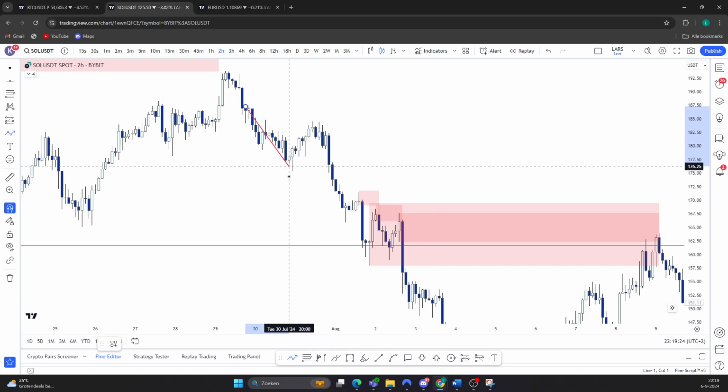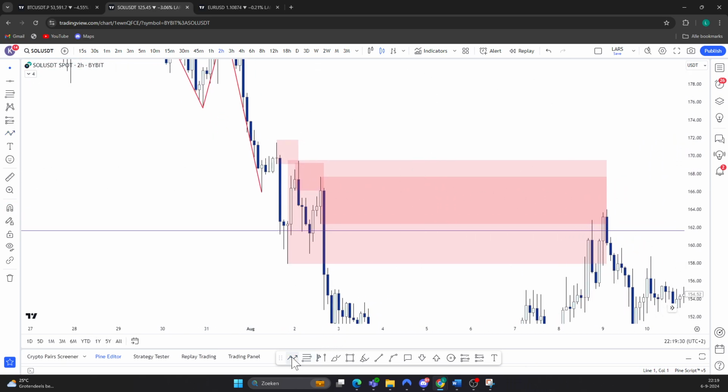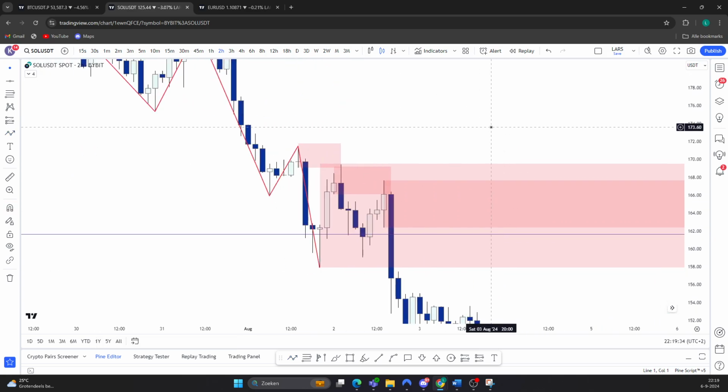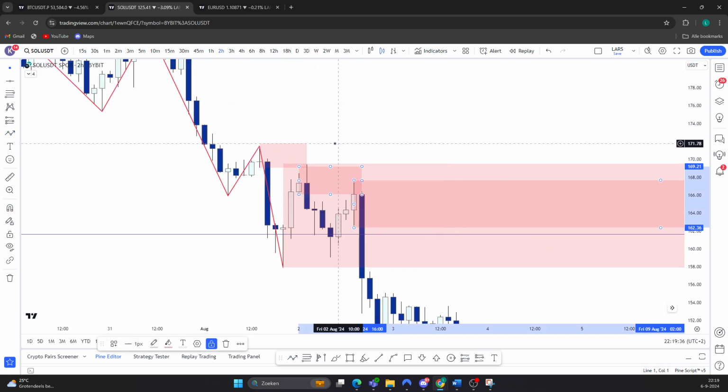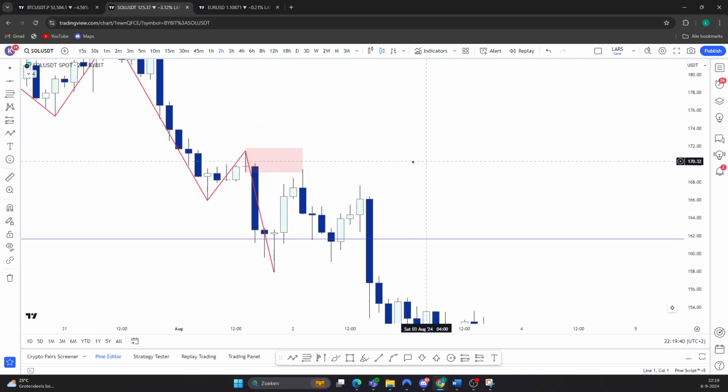So we had a lower high for a lower low right here. Now let's continue drawing. Lower high for a lower low. But look at this, guys.